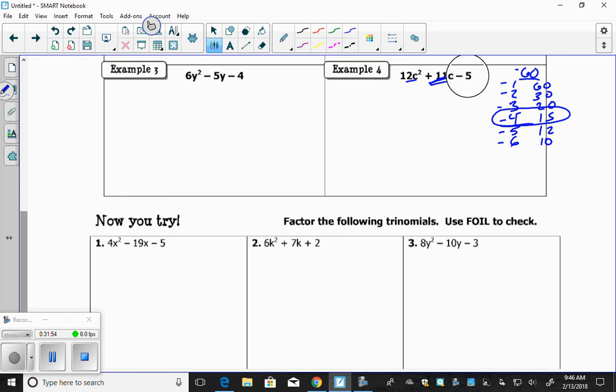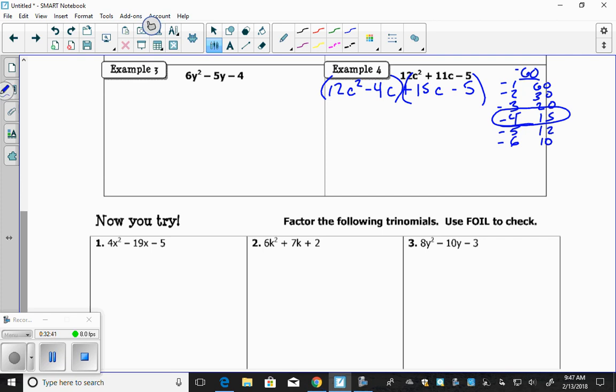So rewrite. What's my next step? Group. Yes. Now the GCF.